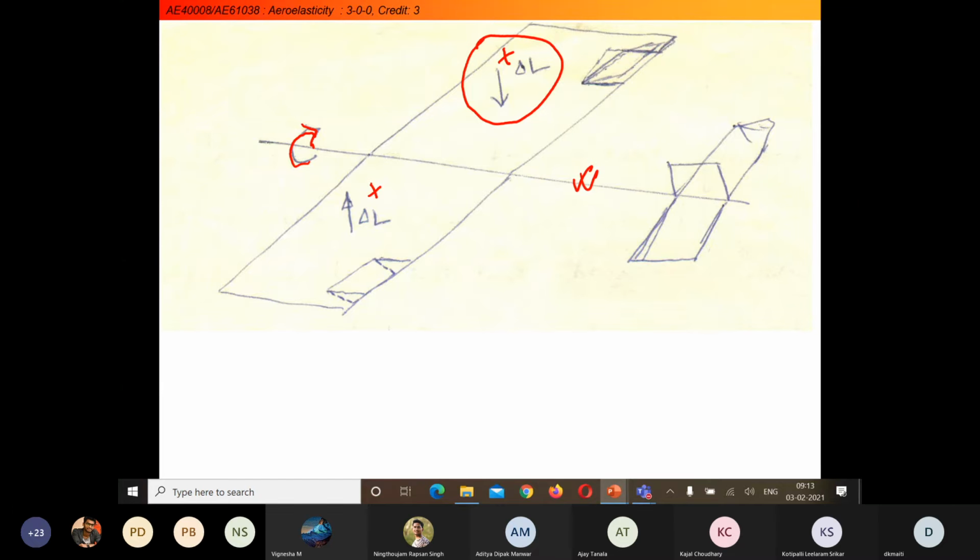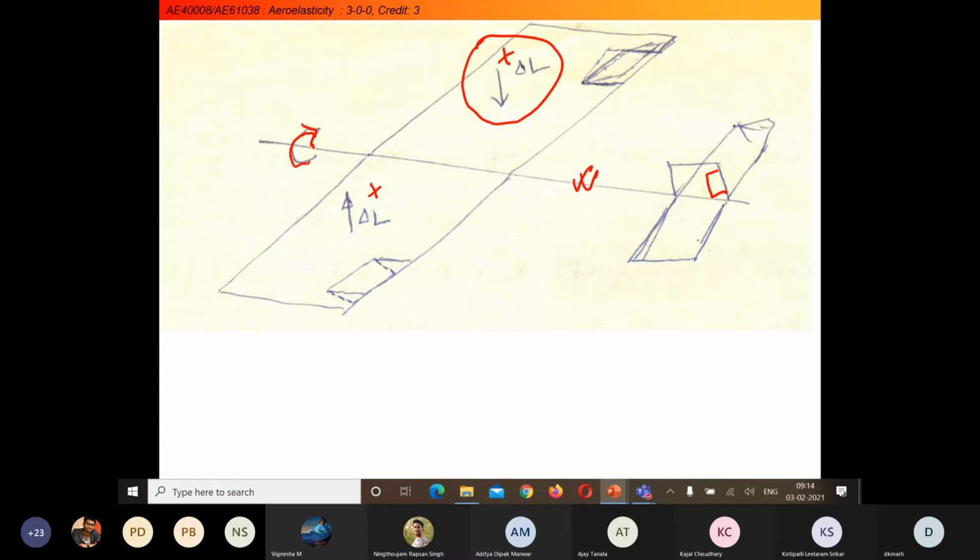This is the requirement from our maneuvering configurations. For different maneuvering configurations, we may need clockwise or anti-clockwise rolling motion, or depending on the rudder movement, we can have the yaw motion of the aircraft also.